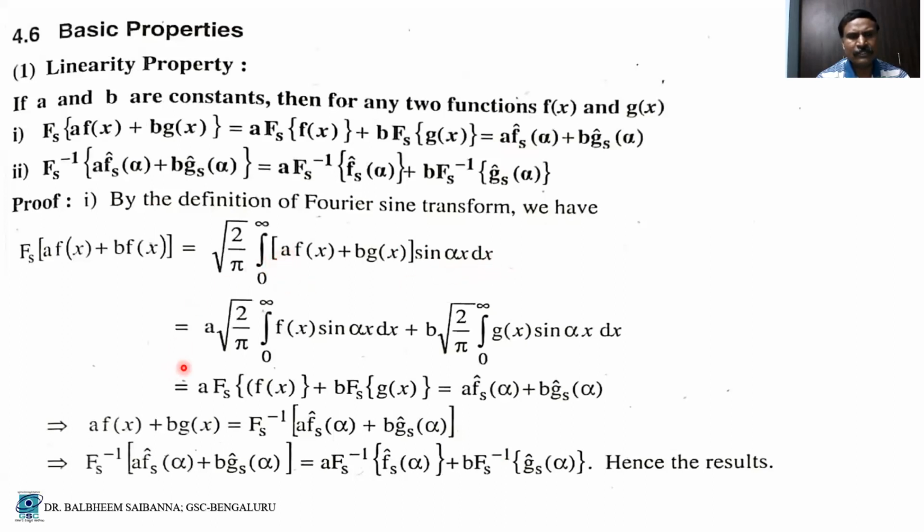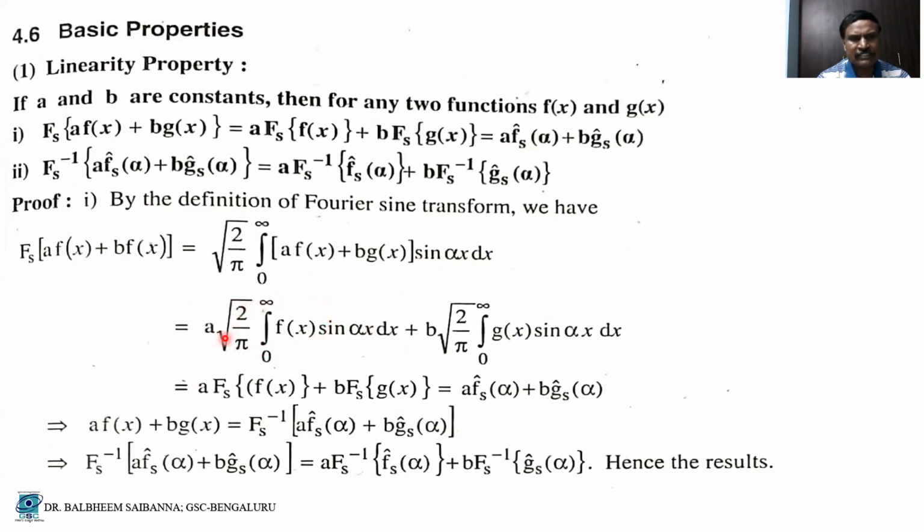Here a is the constant because x is the variable, so write a before the integral sign, and root of 2 by pi as it is, integral 0 to infinity f of x sine alpha x dx. Like the second also, b is outside the integral, root of 2 by pi as it is, integral over the limit 0 to infinity g of x sine alpha x dx. Now here a as it is.